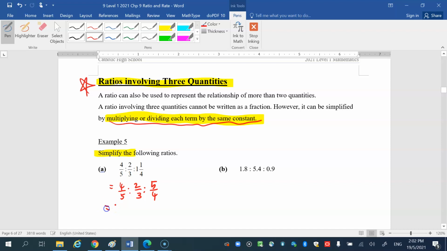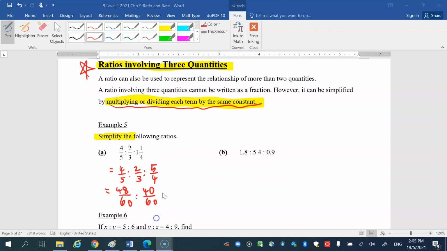So we have 48 over 60 is to 40 over 60 is to 75 over 60. So all I have to do to simplify is to multiply every term by 60 and I will get this as my final answer: 48 is to 40 is to 75. And we're done. Let's look at part B.